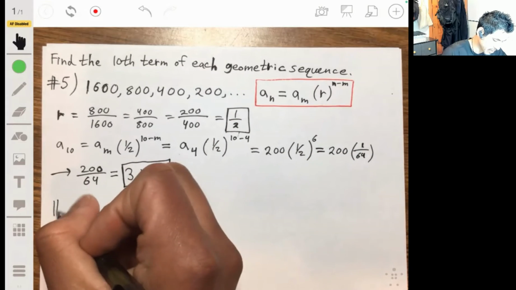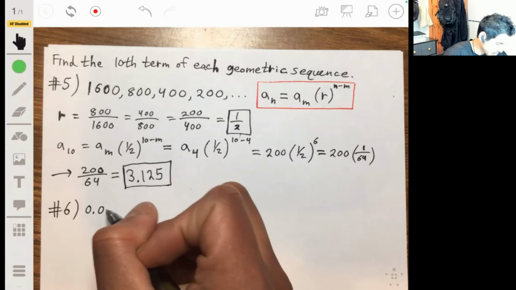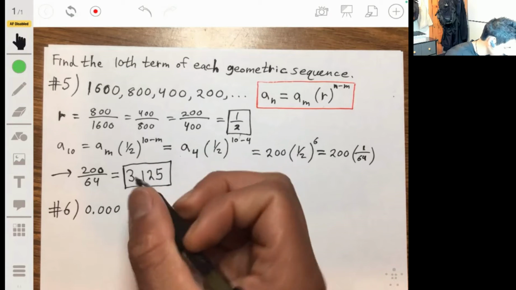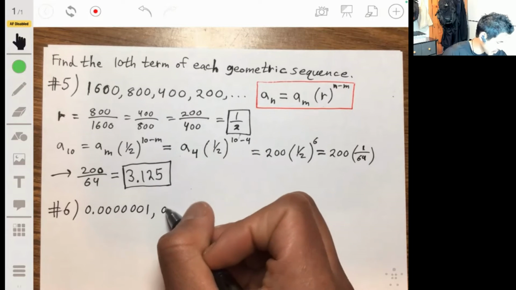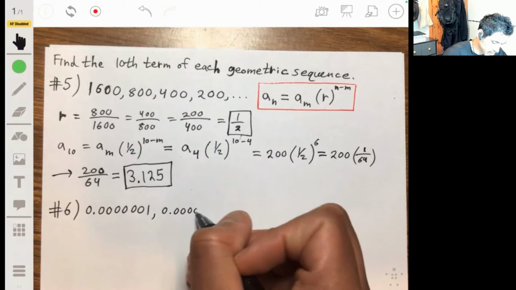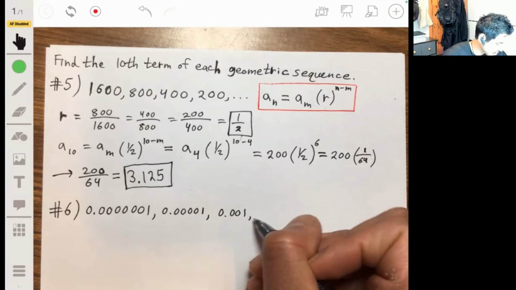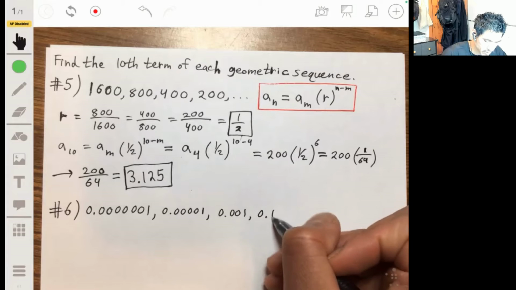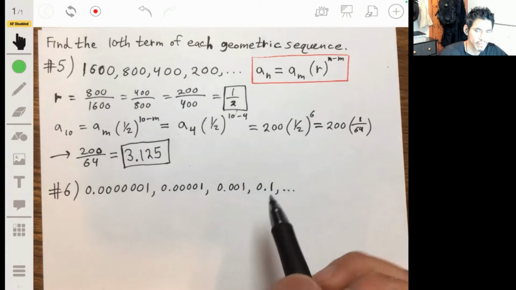So number 6, we have a sequence of decimals, each a power of ten apart, beginning with 0.1. We still have to find a10 here.